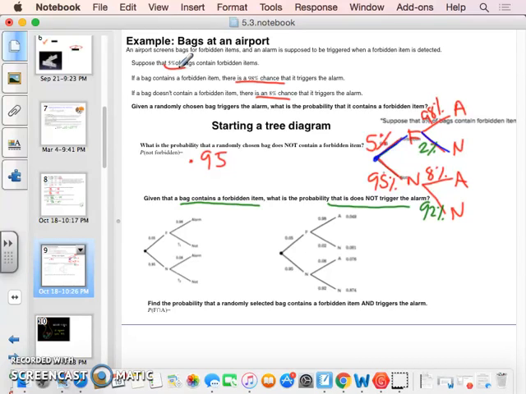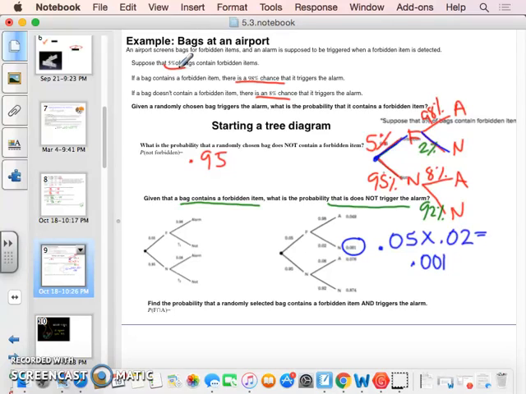So this would be 0.05 times 0.02. And that would be right here, which is 0.001. That is the probability that if it has something forbidden, it will not trigger the alarm. So that's pretty good chances.